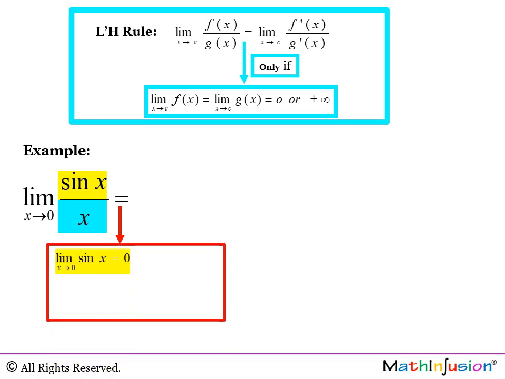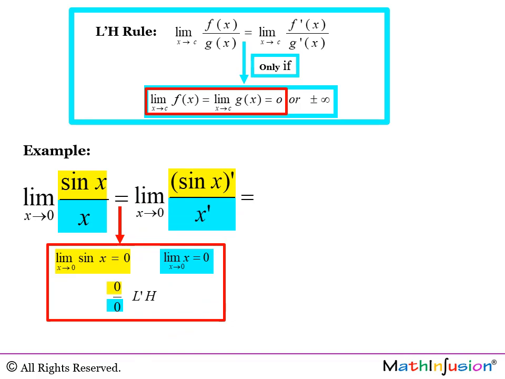We know that sine of 0 is 0, and obviously x at 0 is 0, and because of that, the form here is 0 over 0, so I can go ahead and use L'Hopital's rule. I'm replacing this limit by the limit as x approaches 0 of the derivative of sine x over the derivative of x. I get the limit of cosine x over 1 when x approaches 0.